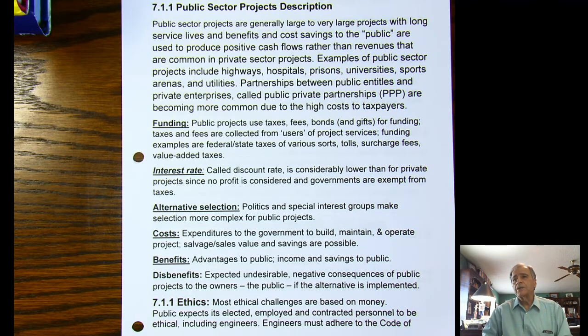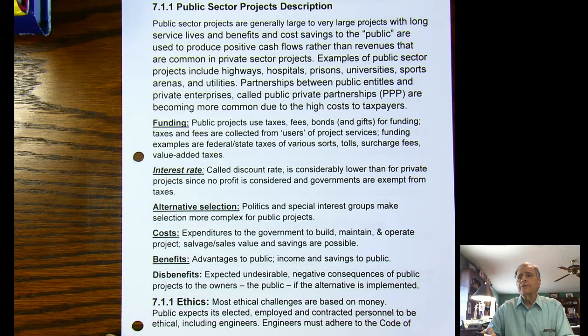So if you build a city park, that takes that land away from the private use, whereas you might be able to sell that piece of property, and the city might be able to sell it if they own it, and then reduce the tax rate of the citizens. So that would be a disbenefit by taking that out of the city's ownership, so to speak.